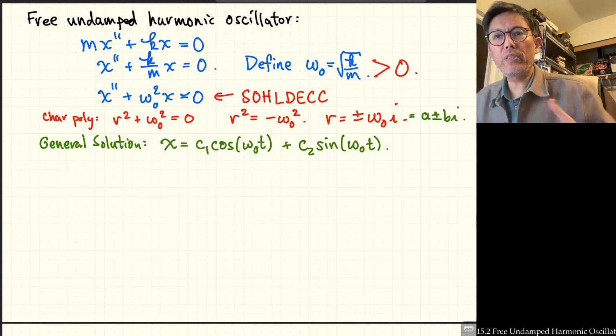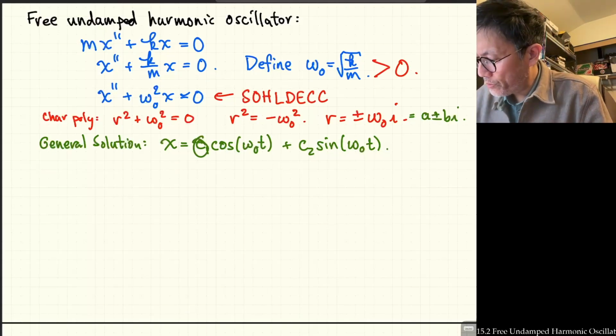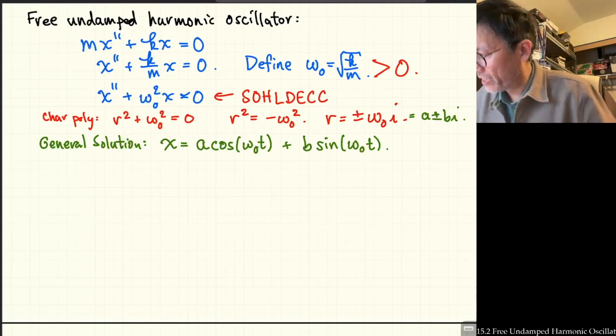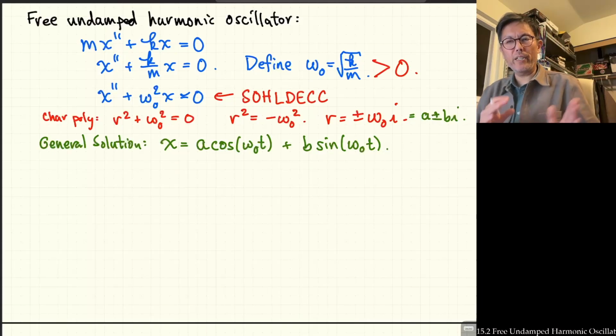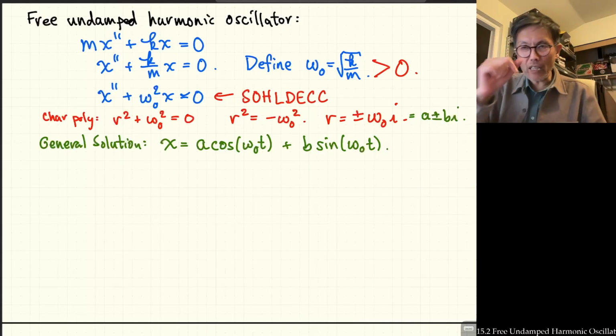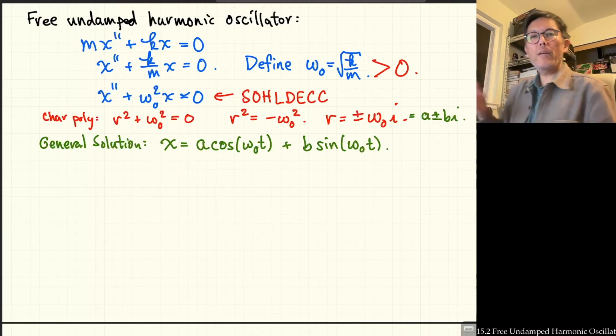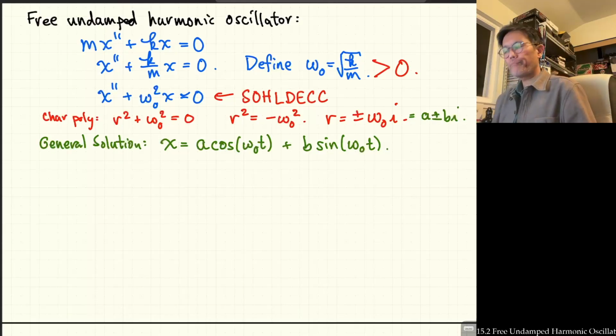Now, for the purposes of this discussion, rather than using c1 and c2, I'm going to use a and b, because that's going to make things a little bit easier to think about. So a cosine omega naught t and b sine omega naught t. T is the independent variable here. A and b are constants.